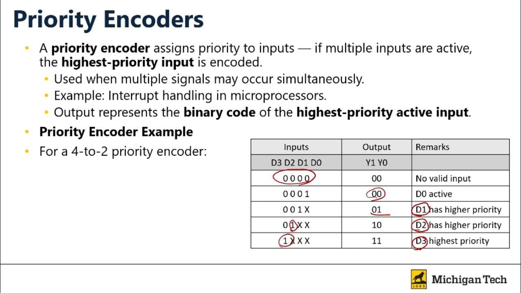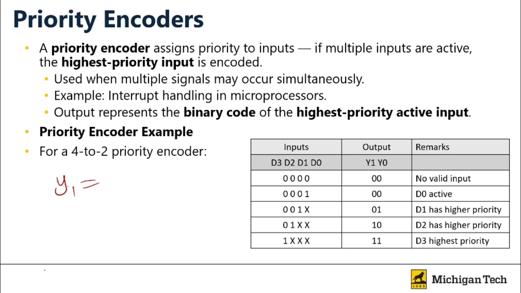Okay, but the main point is this part, how we get from the truth table to the corresponding Boolean expression. First of all, Y1. Okay, so pay attention to this part.